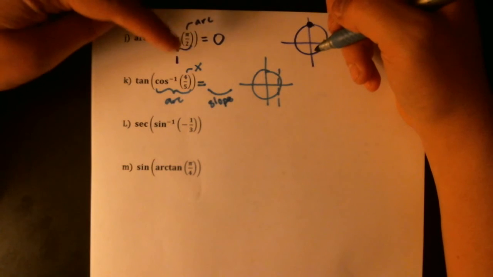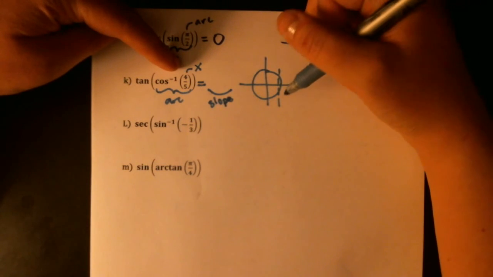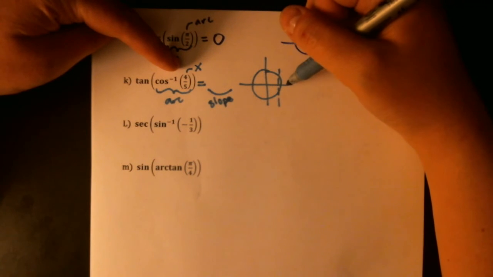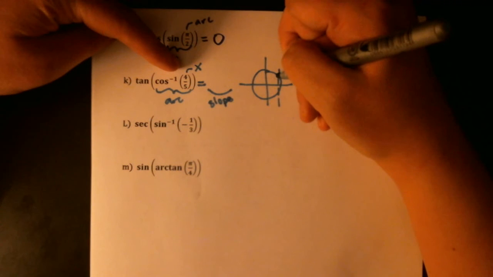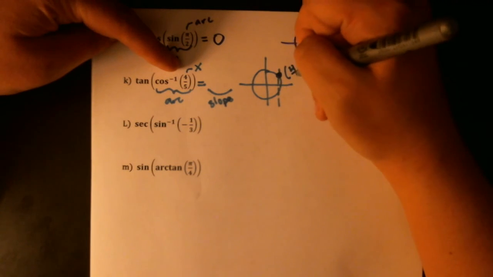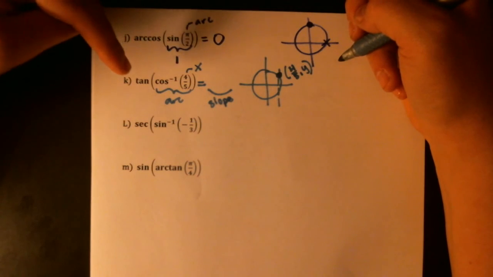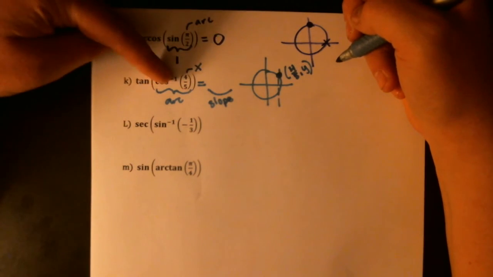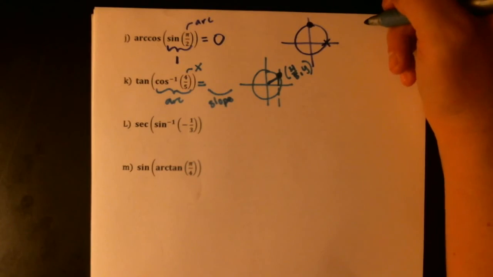So this is saying if your arc length is between 0 and pi and your x coordinate is 4/5, so if you're at this point right here with an x value of 4/5, unknown y value, what is your slope? You don't really have to find the arc length to know that. You just need the slope of that line right there.